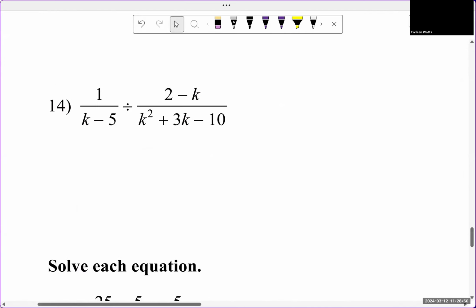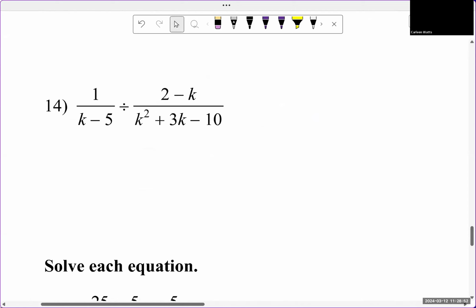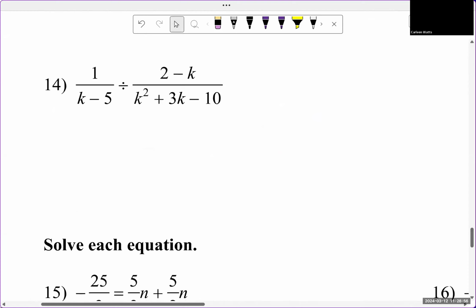Okay. Now, 14 has a trick. We need to do 14. Is there anything that bugs you about any of the expressions on 14? Okay, but that doesn't bug you. That's easy peasy, right? So we're gonna go -10, don't forget the negative, and -3.